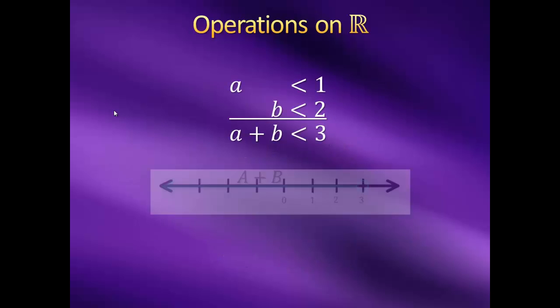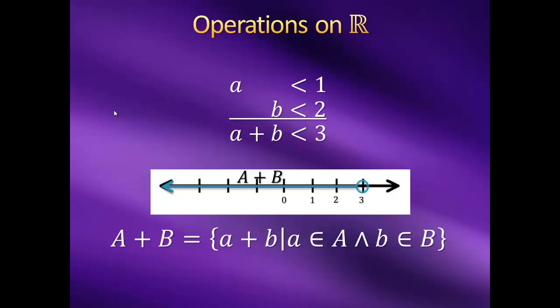It turns out what we need to do to find the sum of those two real numbers is form the set of all possible sums of one element of A and one element of B. That is, A plus B is the set of all little a plus little b, where little a is in A and little b is in B. The idea is that since the elements of A will get incredibly close to the real number defined by A, but never reach it, and the elements of B will similarly approach the real number defined by B, by adding the elements of A and B, those sums will approach the sum of those two real numbers, yet never reach it.